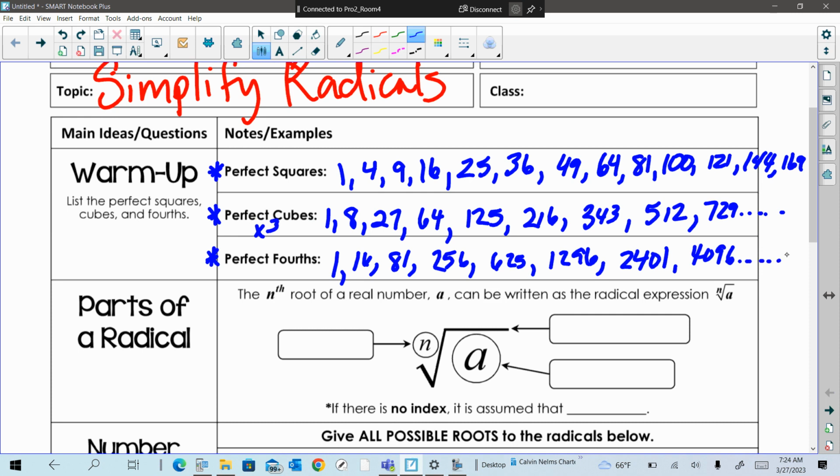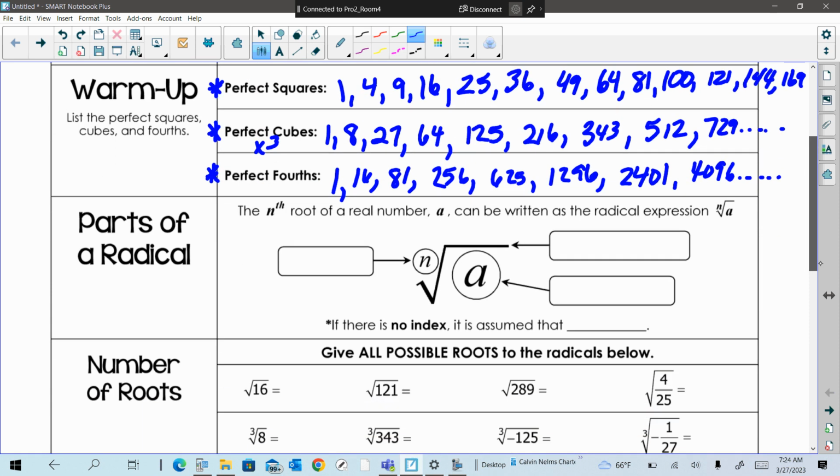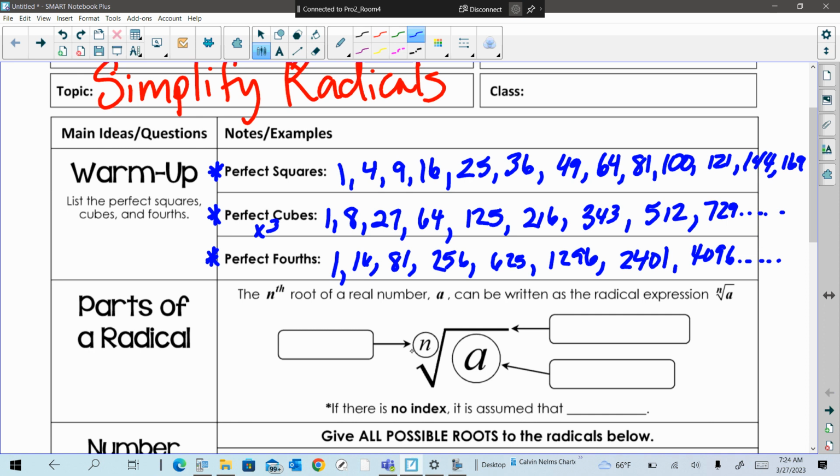So these are the numbers, whether I have a square, cube, or fourth, that I'm trying to use to factor when I simplify. Your parts, we've already talked about this. The number outside here is your index. That tells me if you have a square, a cube, or a 4th power, or something greater.